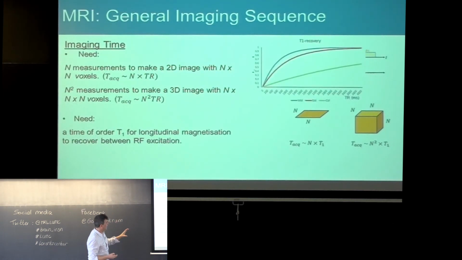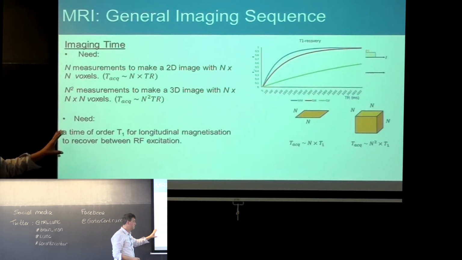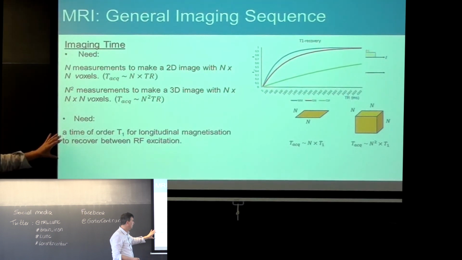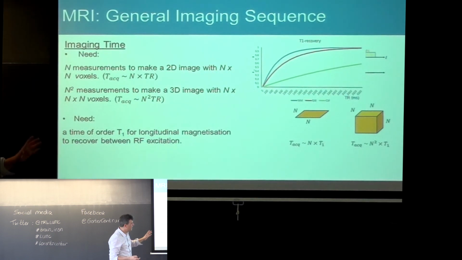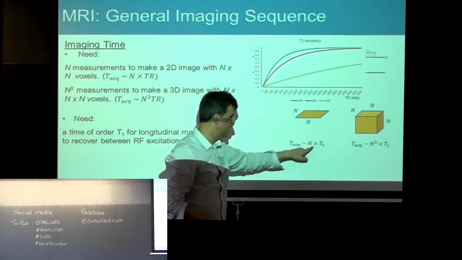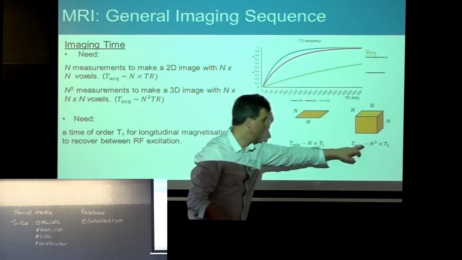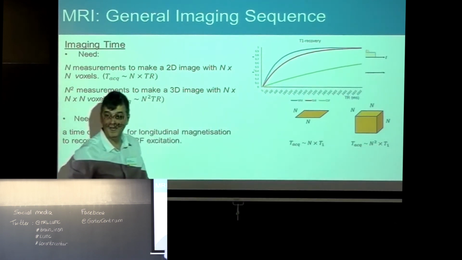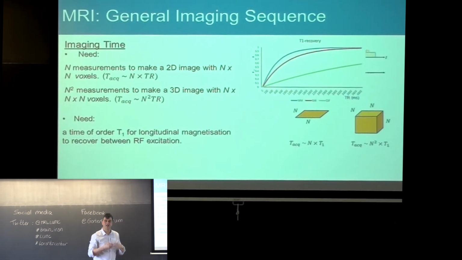But we've seen that in order to allow the magnetisation to recover, to give us a reasonable signal, we need to have a reasonable time for T1 recovery to occur. So in a hand-waving way, the acquisition time is going to scale roughly as n times T1 and n squared times T1. And given T1 can be seconds, then we're talking about quite long acquisition times.